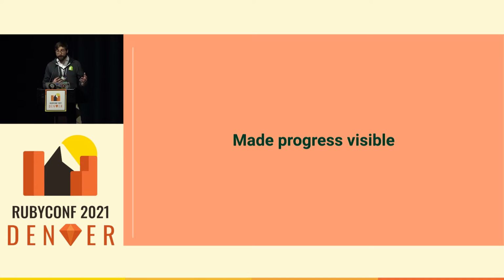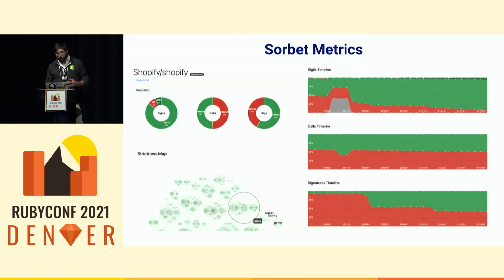So using Sorbet Metrics, and actually this report is generated by Spoom itself, we can have this kind of dashboard where we see how many of the files are still at type false, which is in red here, or at type true, which is in green, or higher strictness, which is the darker greens. We can see the progression in this code base and how many of the files have been typed as we are going over time.